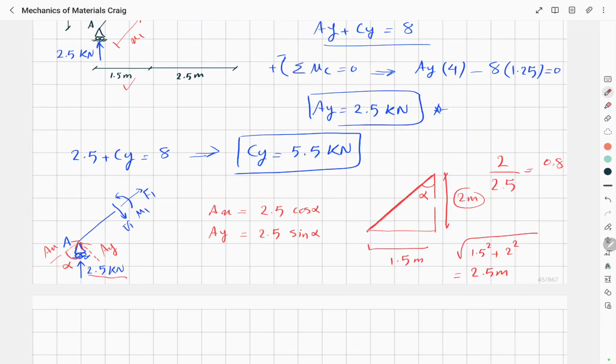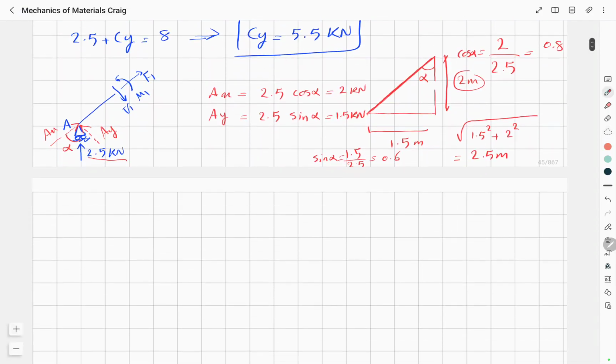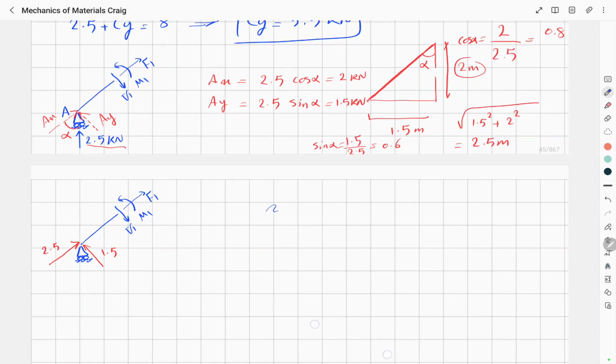And sine of alpha would be 1.5 over 2.5, which is 0.6. This is sine of alpha. So this is equal to 2 kN, and this is equal to 1.5 kN. 2.5, this is 1.5.